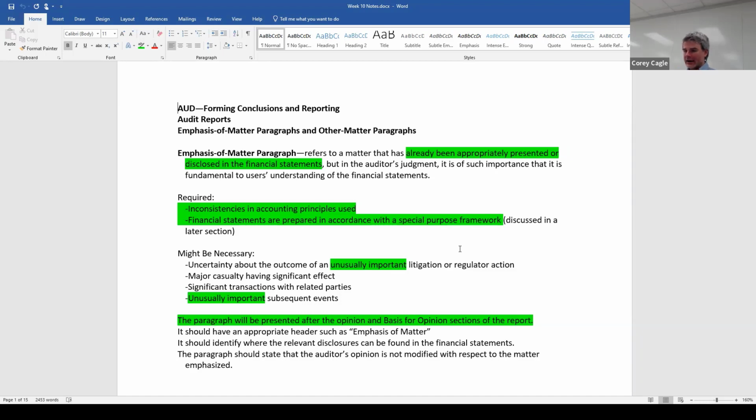It is required for two things here: inconsistencies in accounting principles used. So it would be like if we needed to describe a justified change in an accounting principle that has a material effect on the financial statements. You know, we might have to highlight that.